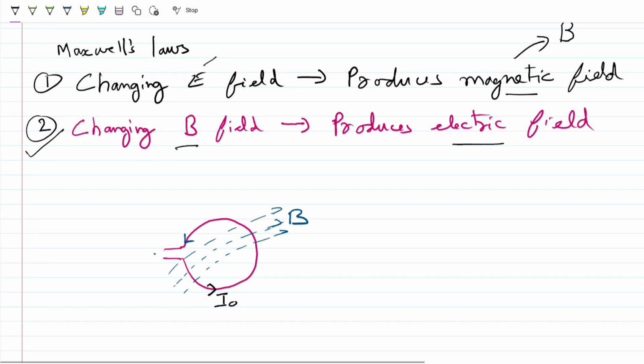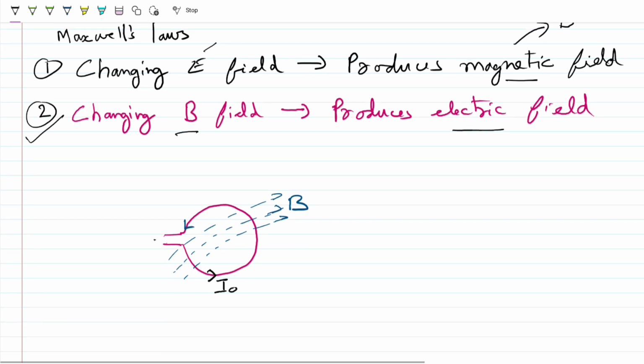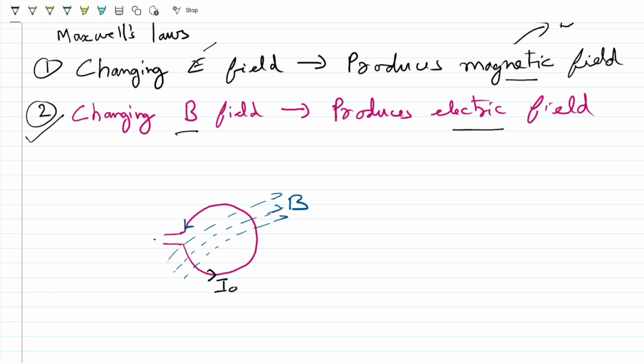What happens is that in a loop like this, when a static current I0 is flowing through it, it produces a magnetic field in the direction coming out of the paper. Now if we try to change the current flowing through this loop, that will try to change the magnetic field.